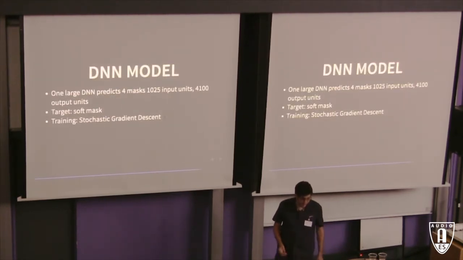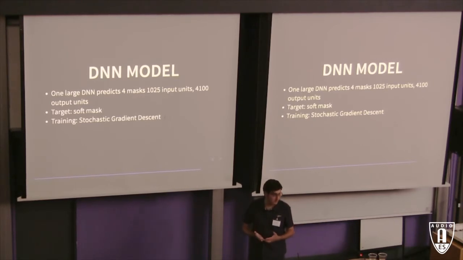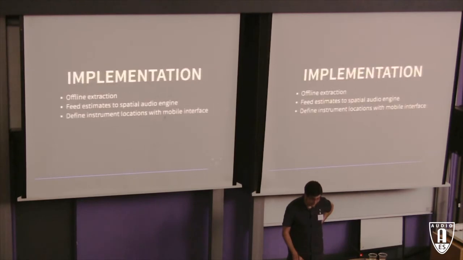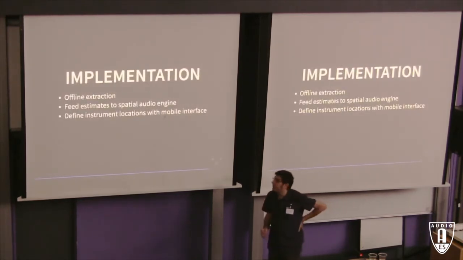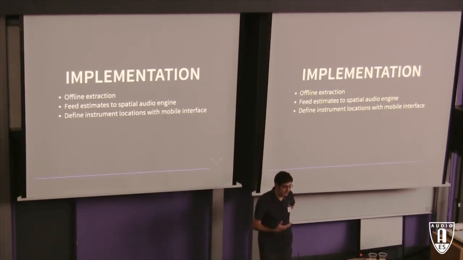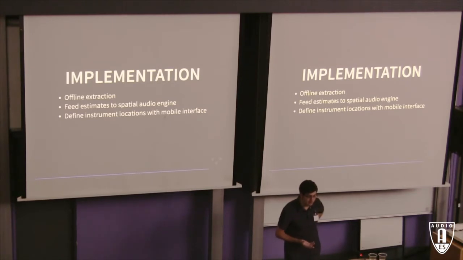In this case, as I said, there's one large neural network that produces the 4 soft masks. Training uses stochastic gradient descent with early stopping and some features we added. The way it works is we do the extraction offline, so we get some estimates of the tracks corresponding to different instruments.